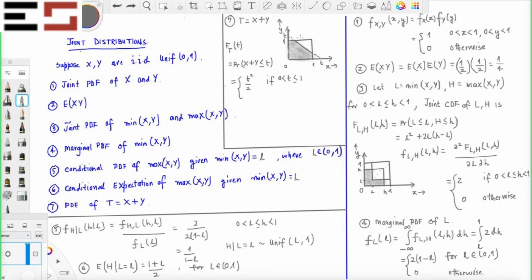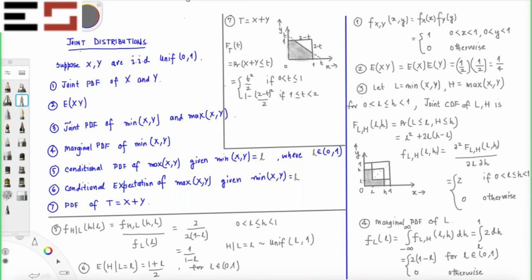So this is 2 minus t, and this is also 2 minus t. So we are going to get 1 minus (2 minus t) squared by 2, and this is if t is between 1 and 2.